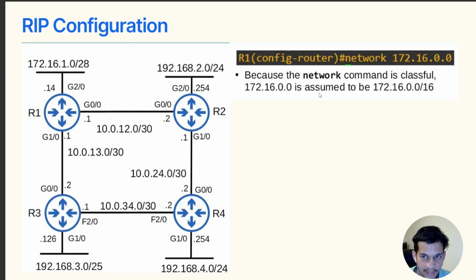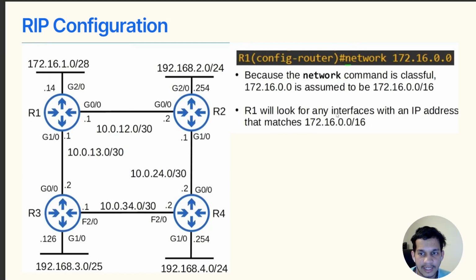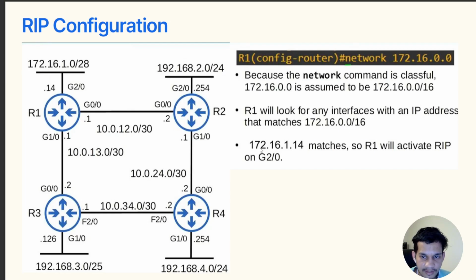Similarly, we'll take the network 172.16.0.0, which is connected to G2/0 of R1. In the same way as previously, R1 will look for any interfaces with an IP address that matches 172.16.0.0/16, and it finds 172.16.1.14, which is the IP address of G2/0 of router 1.